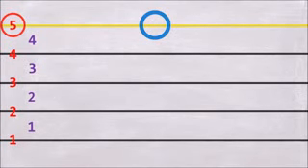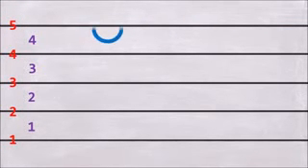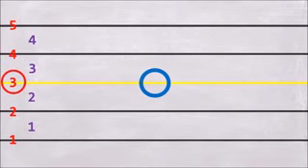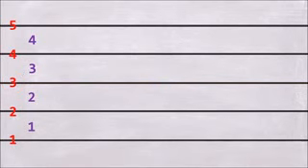That one's on line number 5. This note is on line number 3. And this note is in space number 2. So how did you do on all those? Hopefully you're getting the hang of recognizing where notes go.